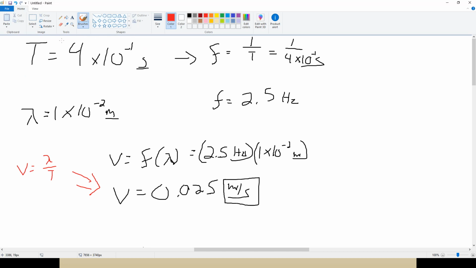It's time for one wave. Well, it turns out lambda is also a fancy distance. It's a distance of one wave. So it kind of works itself out.